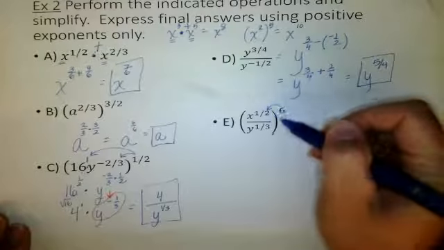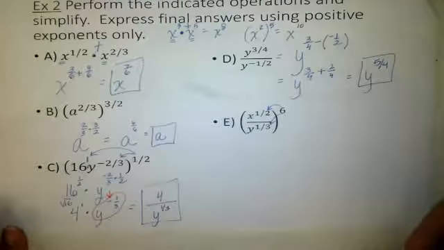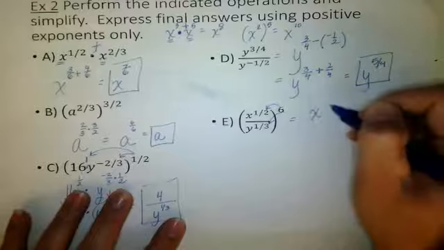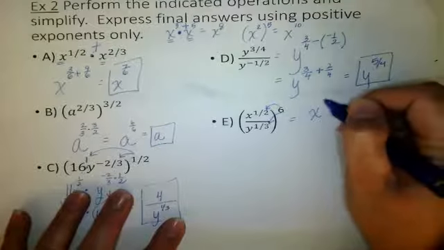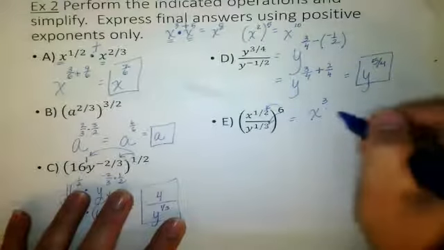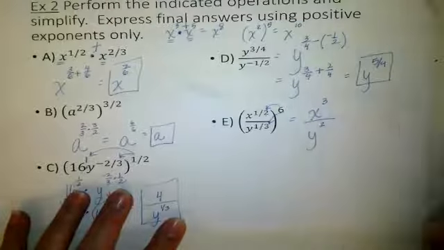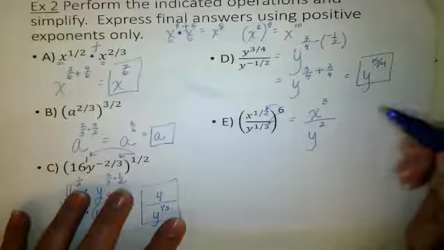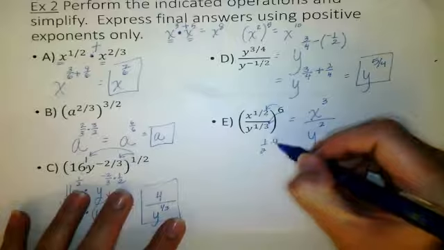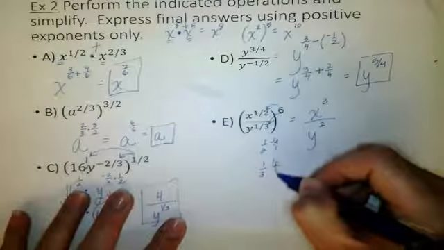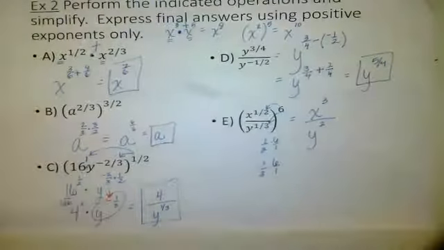Yeah, multiply it in. It wants to go to all those exponents. So that's going to be x to the third, yeah. 1/2 times 6 is 3, and y to the second. Yep. 1/2 times 6, and 1/3 times 6. That's it.